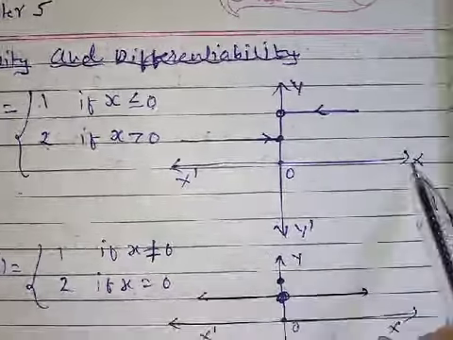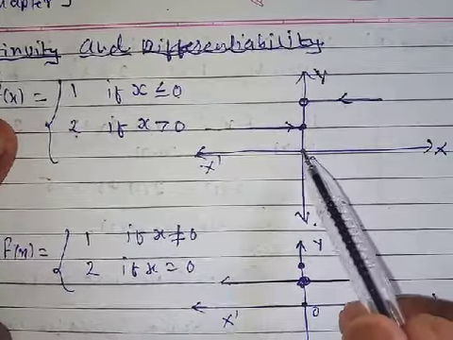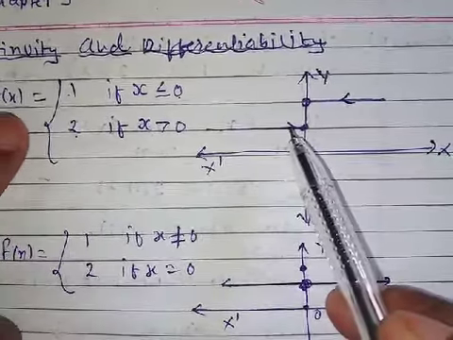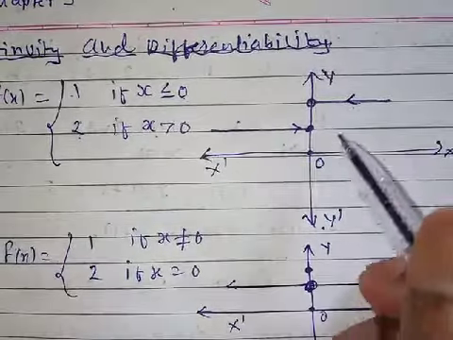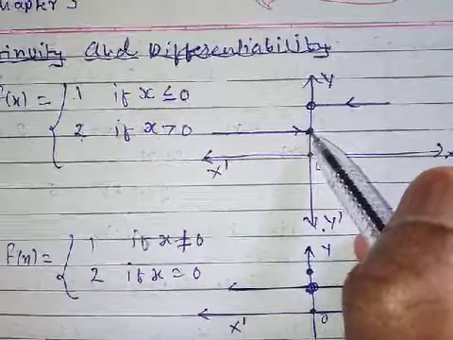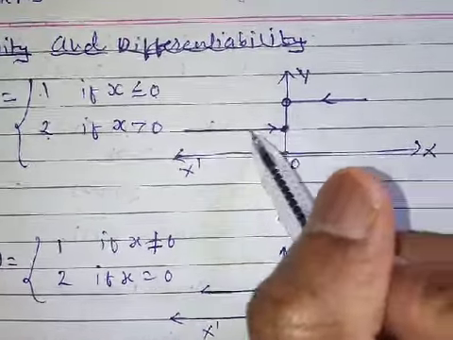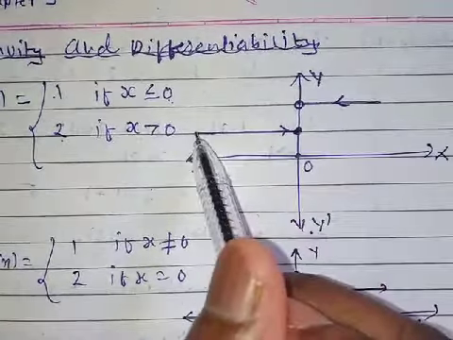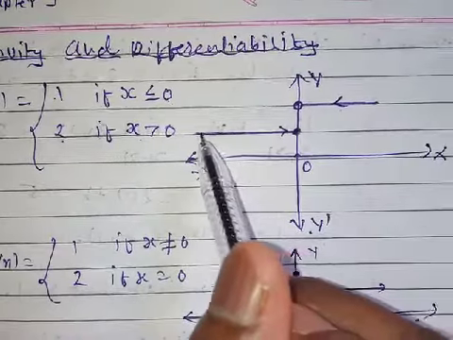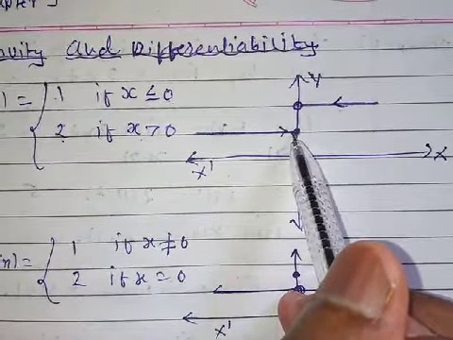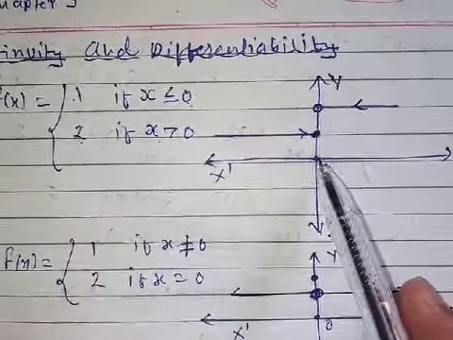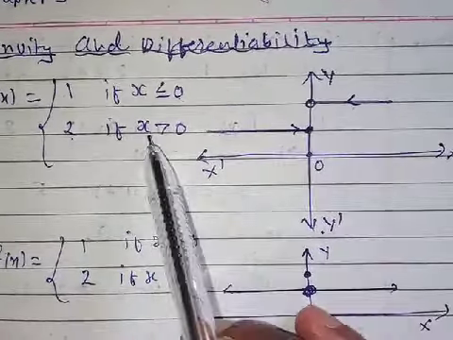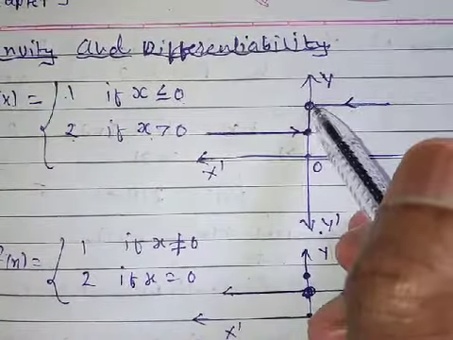When f of x is equal to 1, x is less than or equal to 0, so if you draw the line like this, it tends to 0. The second case is f of x is equal to 2, so here 2, for x greater than 0, so we made a round here.